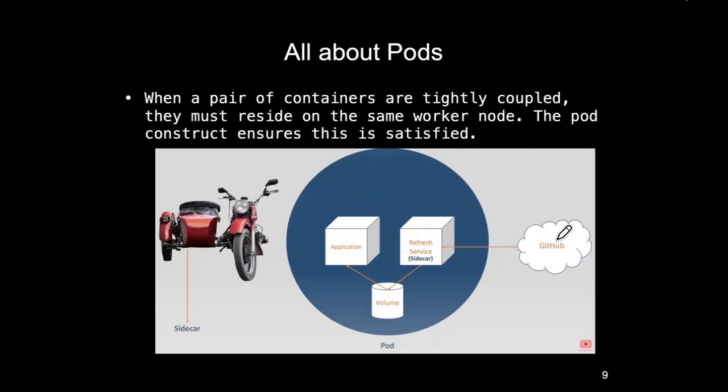So the sidecar container would pull the data from the GitHub repo and write it to the volume, and that volume is used by the main container for configuration purposes. So we're dynamically reconfiguring our application container, and the sidecar is taking care of providing the updated configuration data. That's another use case. It has just a side role, hence its name, sidecar container.